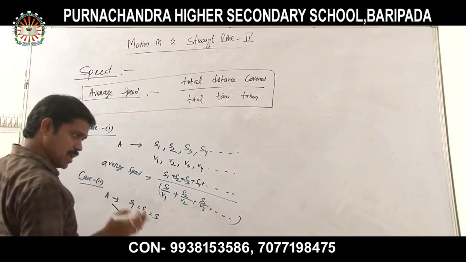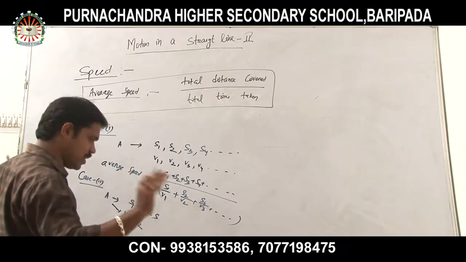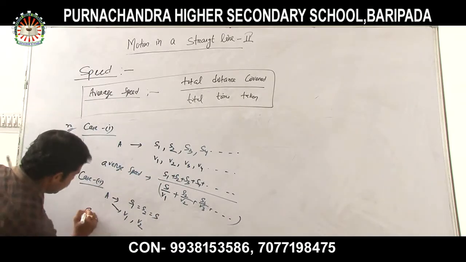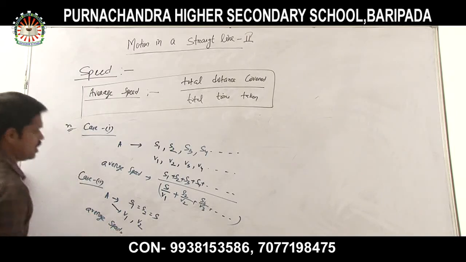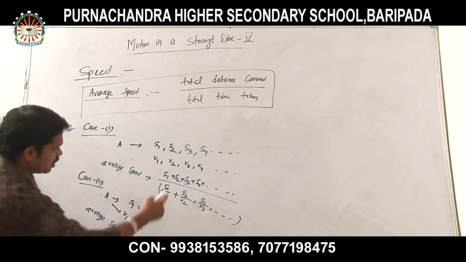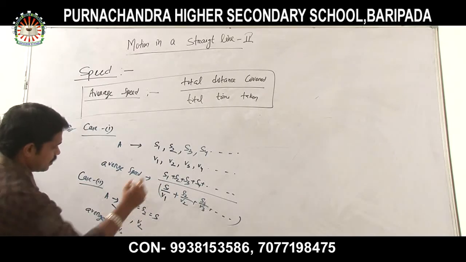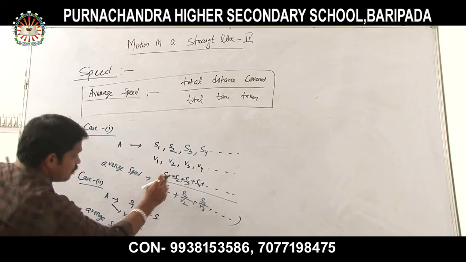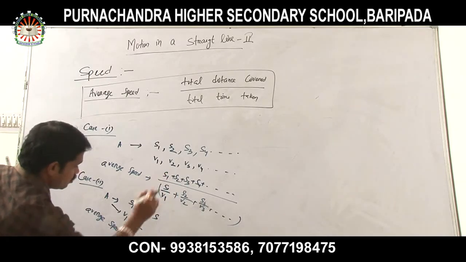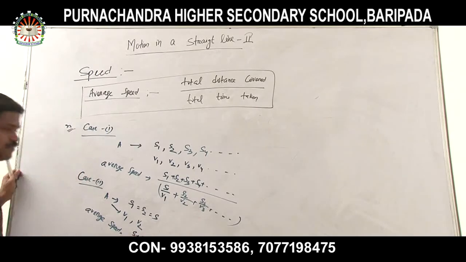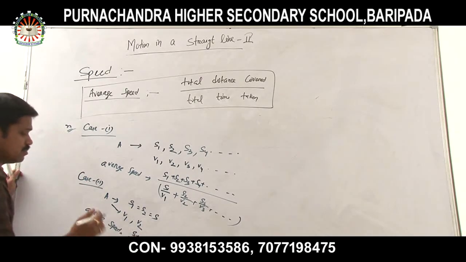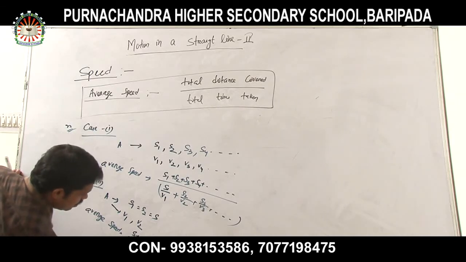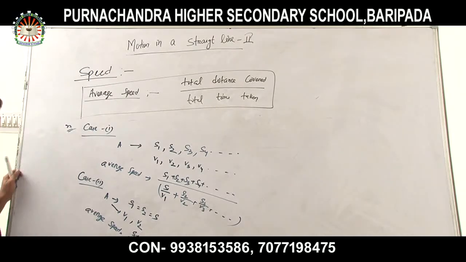Distance is the same, but velocity is different. Then what is the average speed? Let us put this condition in the equation. In the numerator, S1 plus S2 becomes S plus S, divided by S by V1 plus S by V2. Clear? So just solve it.